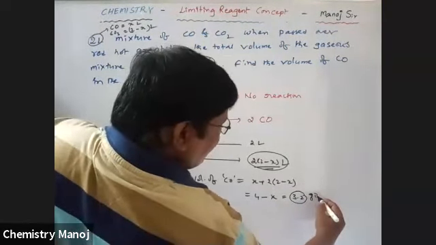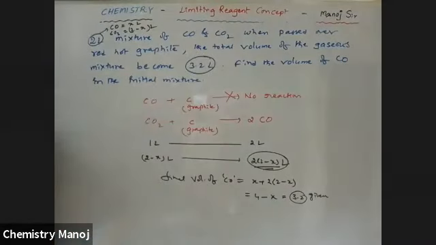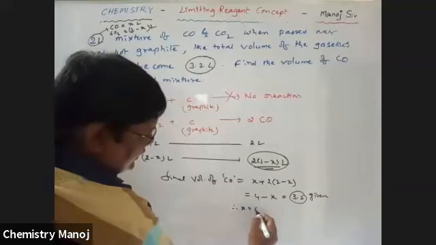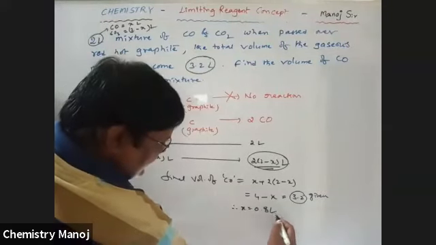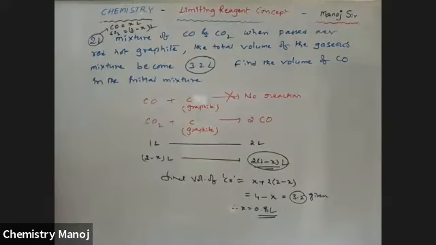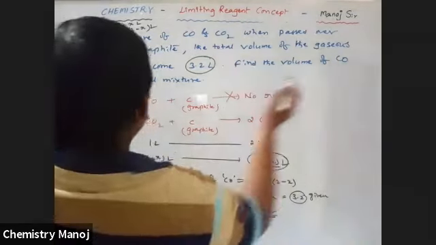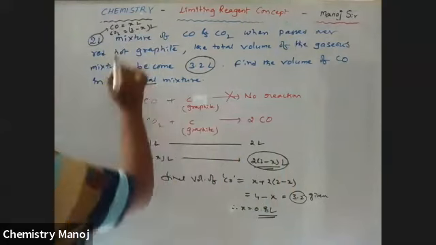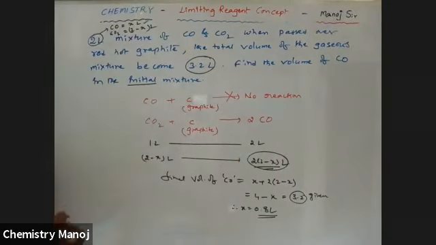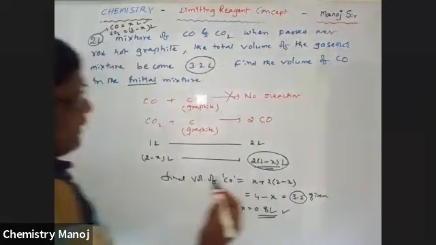Therefore, X is equal to 0.8 liters. What do you want to ask? Find the volume of CO in the initial mixture. X is the volume of CO in the initial case. So the answer is 0.8 liters.